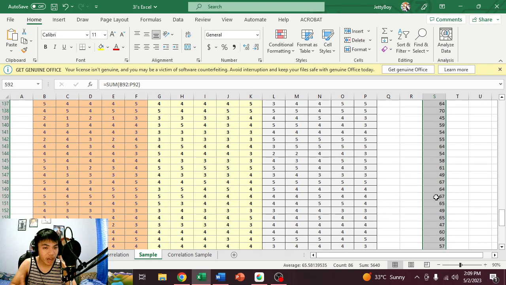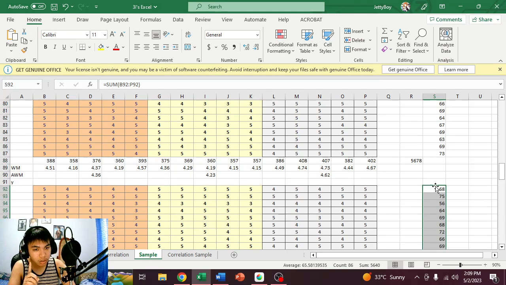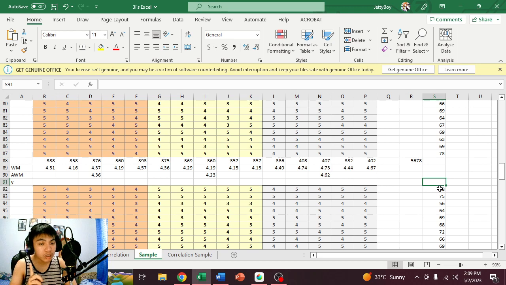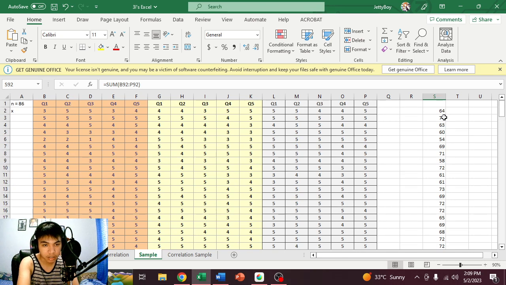Okay, now that we have those values, we will multiply this value right here to the first value of x right here, and after we multiply all of those, we get the summation of that, and that would be our summation of x times y. Okay, bear with me, it's hard in English.